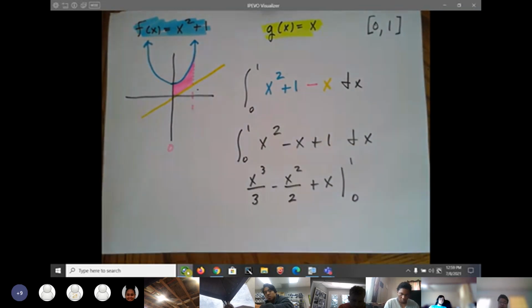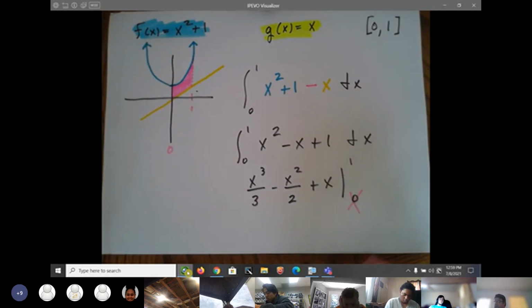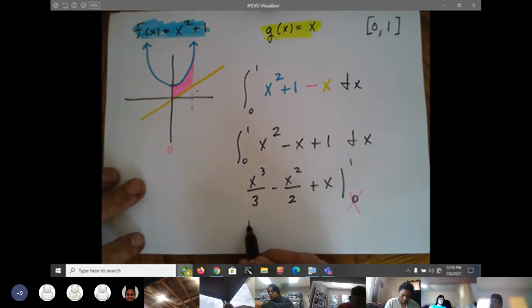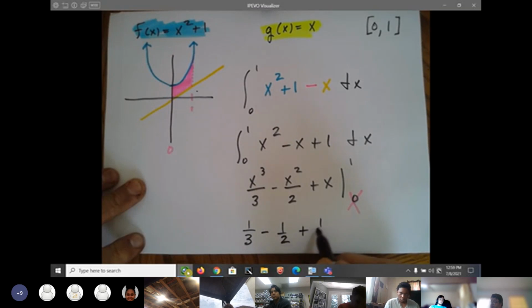And of course the 0 still takes itself out. So you're left with 1/3 minus 1/2 plus 1 over 1.